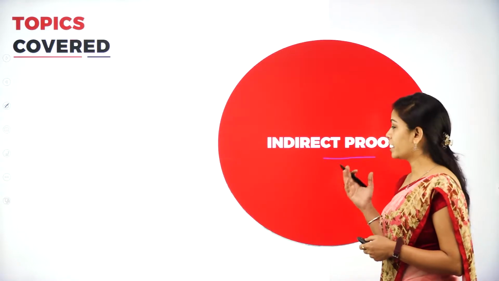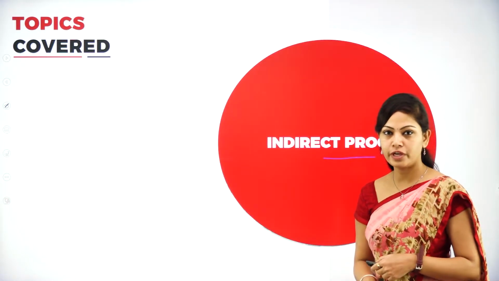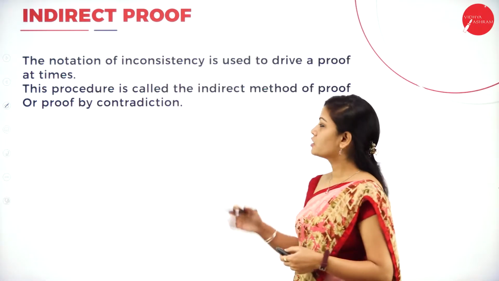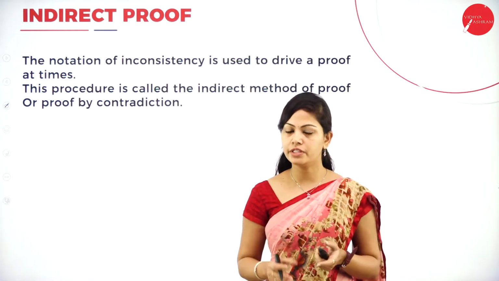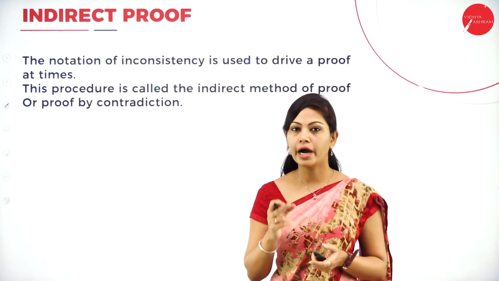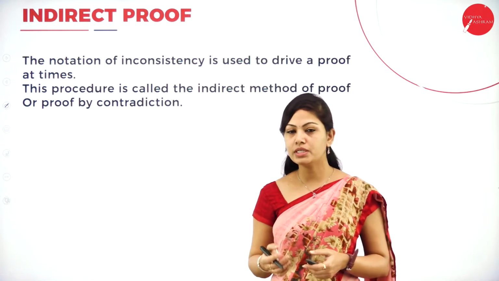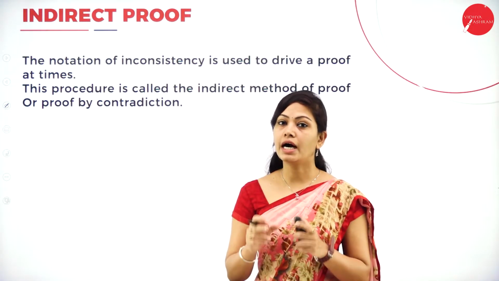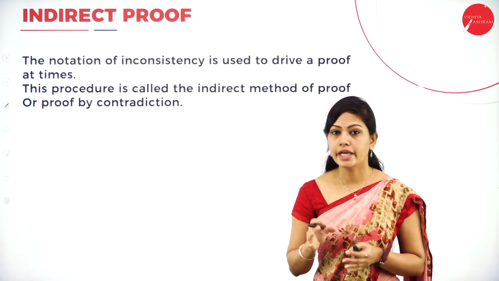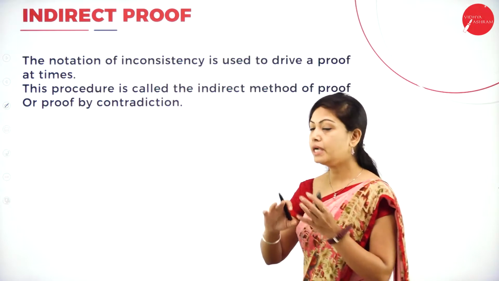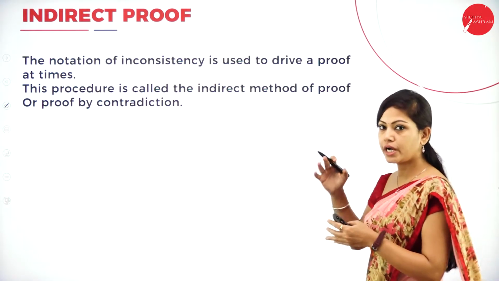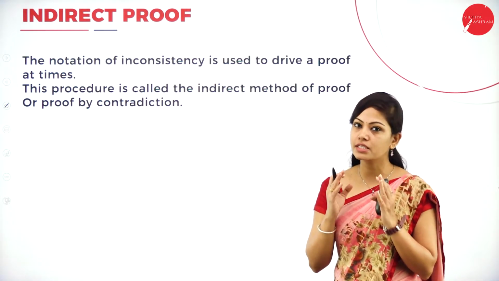What is this indirect method or indirect proof in logic? Usually in a direct proof, you start with assuming the hypothesis is true and make one decision after another until the condition. So in direct proof, we are assuming the hypothesis is true, but in indirect proof, we are assuming the hypothesis is false.